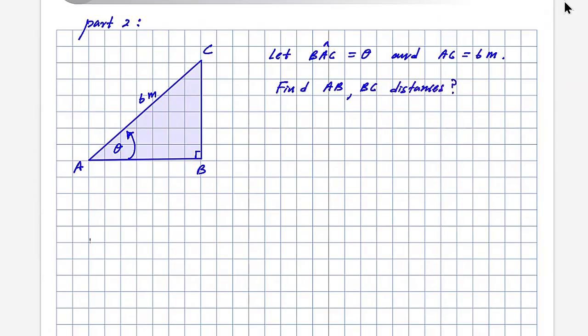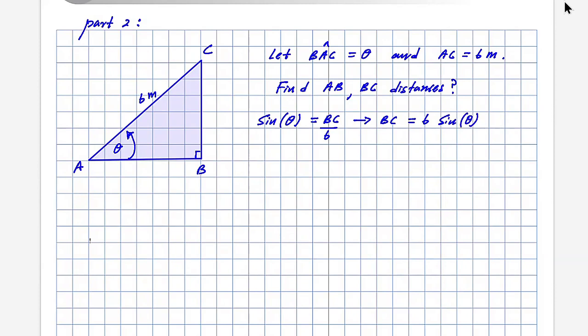Okay. So you understand the definition of sine theta, which is going to be BC divided by 6. So from here, easily you can find BC, which is going to be 6 sine theta.